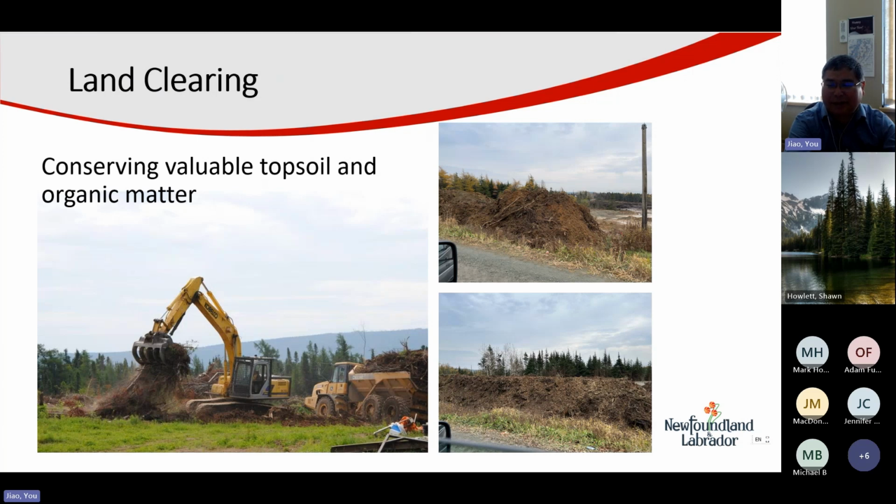The land clearing, last time Sean talked a lot about this one. I just want to show the picture here from the soil fertility viewpoint. We want as much organic matter as possible to remain on the ground.